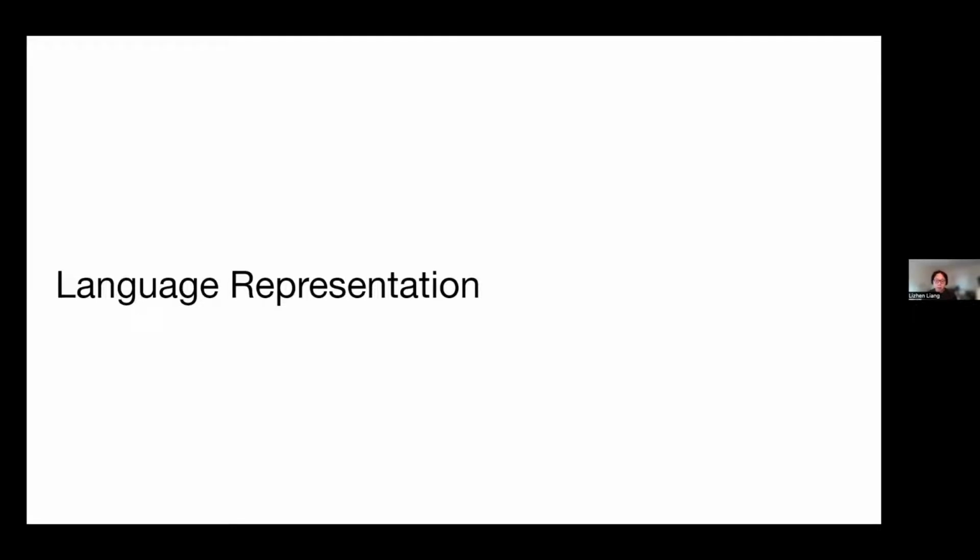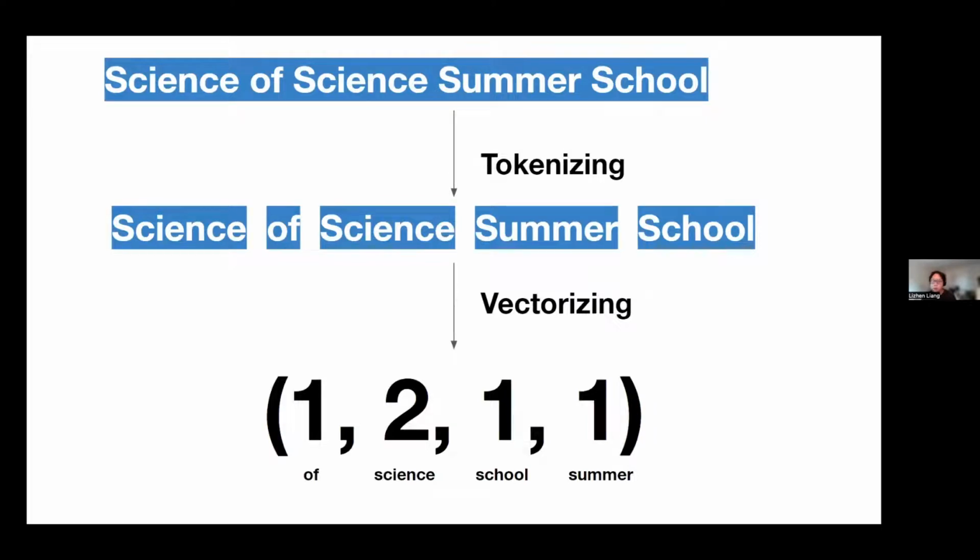So in the following slides, I'm going to briefly introduce how language is represented in a machine-readable form, and then I will walk through the notebook to show how you can do it yourself with Python. So first, I'm going to introduce the sparse representation of language, also called the bag-of-words model.